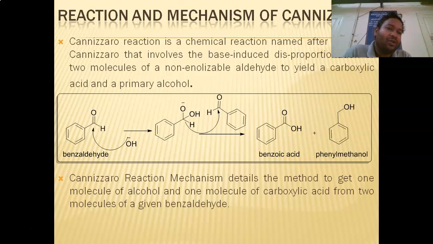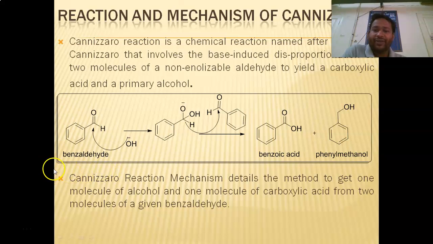Formation of two different compounds is said to be a disproportionation reaction or disproportionation product. The Cannizzaro reaction says that a compound containing no enolizable hydrogen, in other words a compound containing no alpha hydrogen atom, will undergo self-condensation in the presence of base, forming the corresponding acid and the alcohol.